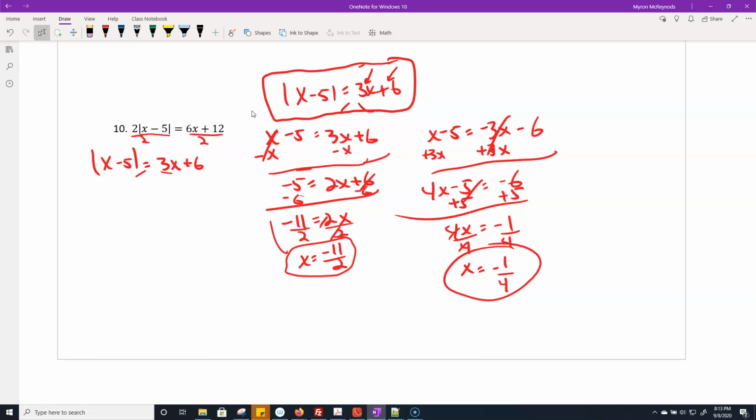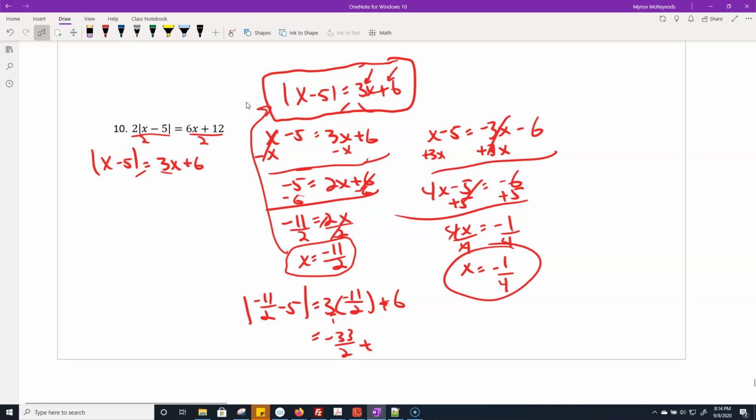So I'm going to plug negative 11 over 2 into this equation right here, and I'm going to get negative 11 over 2 minus 5 is equal to 3 times negative 11 over 2 plus 6. So I set that equal, and that's 3 times negative 11. 3 times negative 11 is negative 33 over 2 plus, and I'm going to put the 6 over 2.